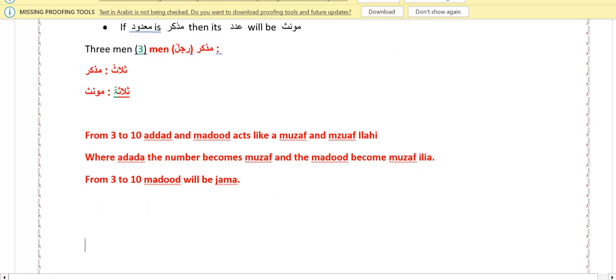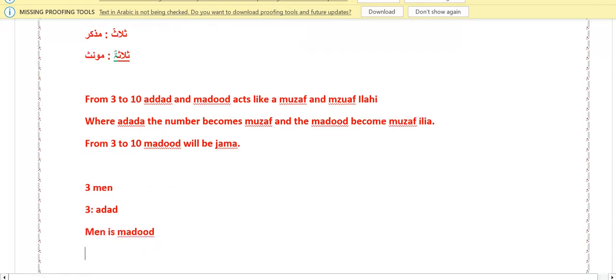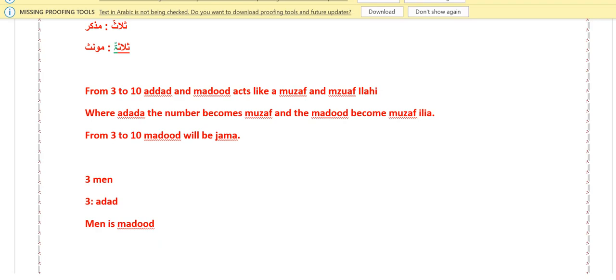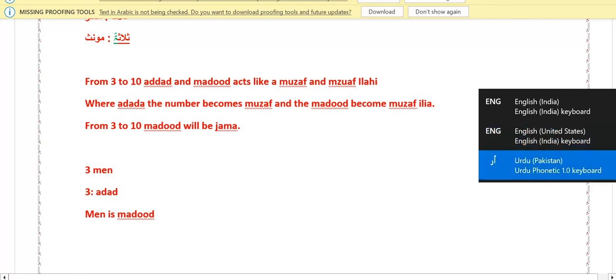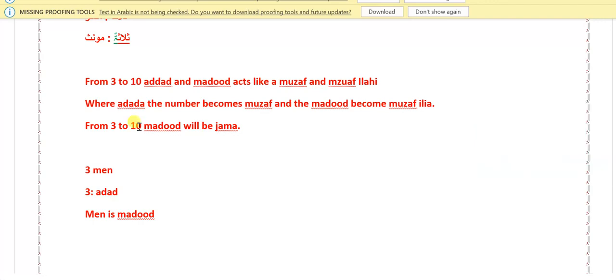Now, suppose we want to say 3 men. Here, 3 is adad, men is madud. And what was the rule? If madud is muzakkar, we will be using muannas adad. So we are going to use the muannas adad, that is salasatun.